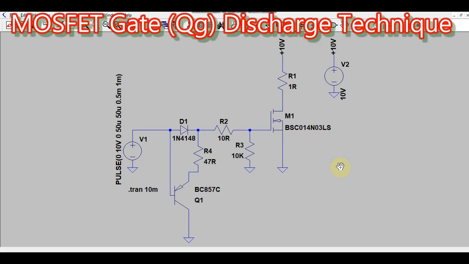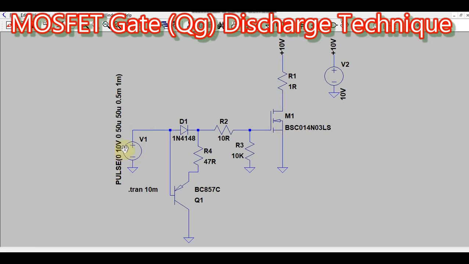Okay, this is the very simple circuit I have drawn in LTspice, right? I will explain the working of this circuit and show you the simulations. Let us say you have some gate driver here. In place of the MOSFET gate driver, I have used a pulse signal with 10 volt amplitude.